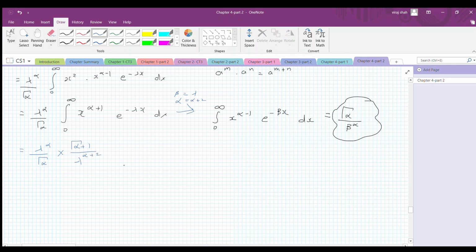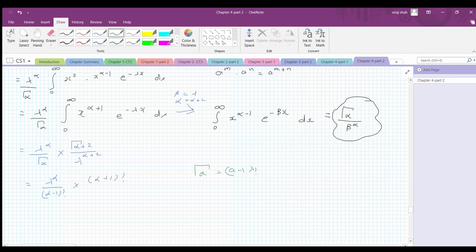Now let us simplify similarly. I can write this as alpha minus 1 factorial, and similarly I can write this as alpha plus 1 factorial. Which property did I use? I used the property that gamma of a is nothing but a minus 1 factorial. Basically I used that property and got my answer.